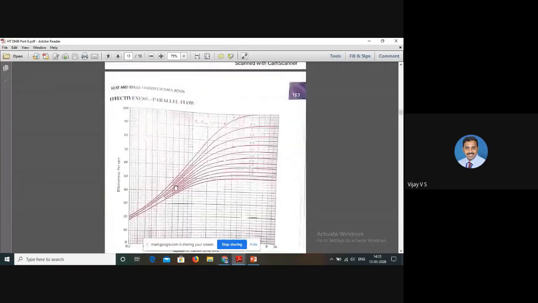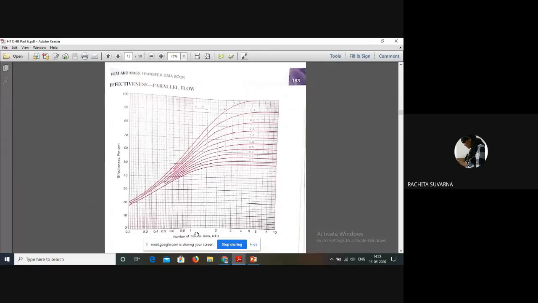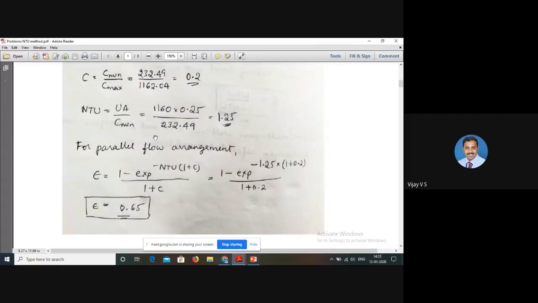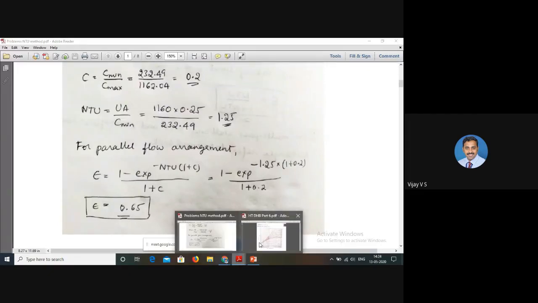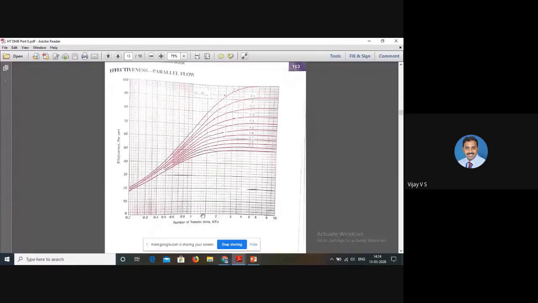My screen is visible, right? Yes, sir. Now, what is the NTU value we got? NTU value we got is 1.25, capacity ratio 0.2.